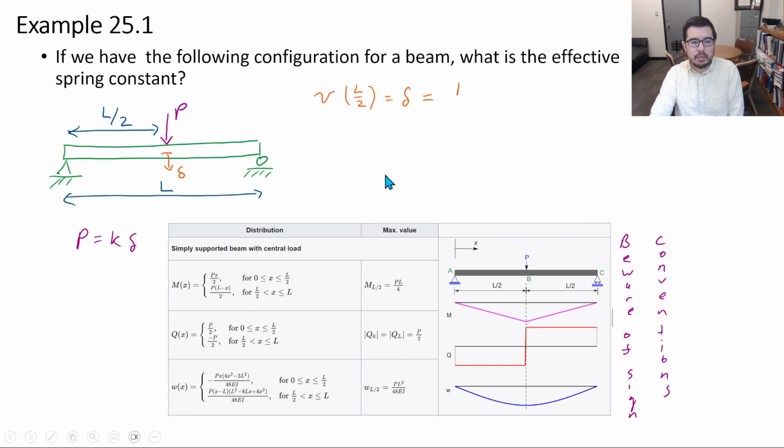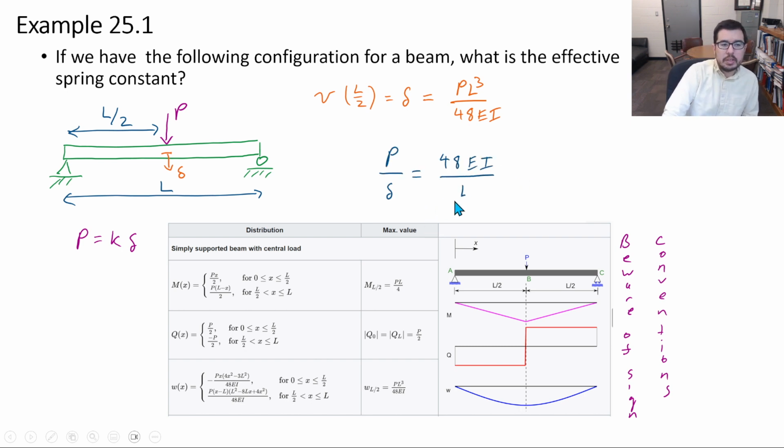So again, using just a positive value, although it might be negative, so be careful with the sign conventions. But this is our V at L over 2. Our delta is equal to PL cubed over 48 EI, which is what we have here. Or if you were to plug in L over 2 here, you would get the same thing. And we get that P over delta is equal to 48 EI over L cubed, the denominator divided by the numerator without the P. And that's the K. That's pretty much it.